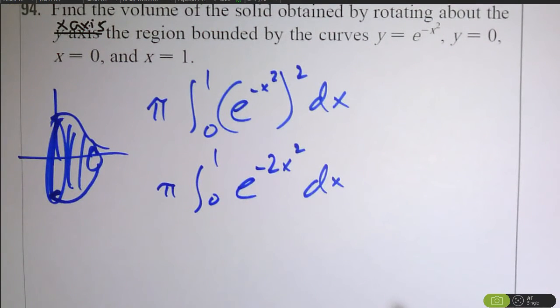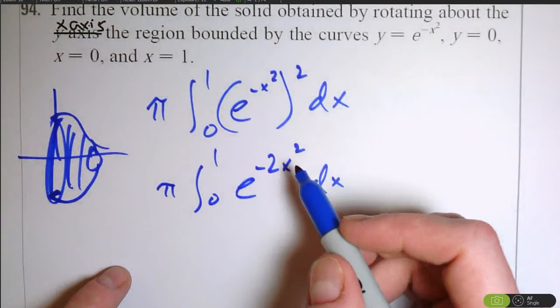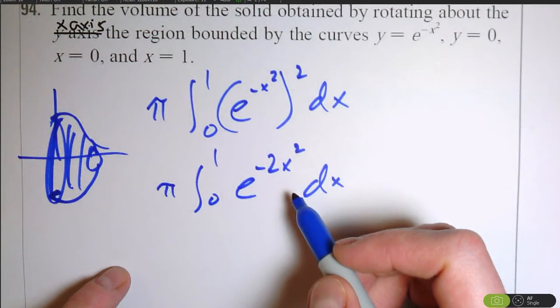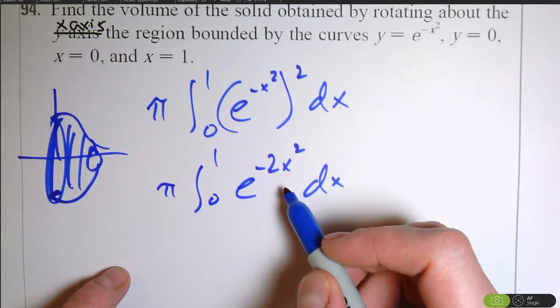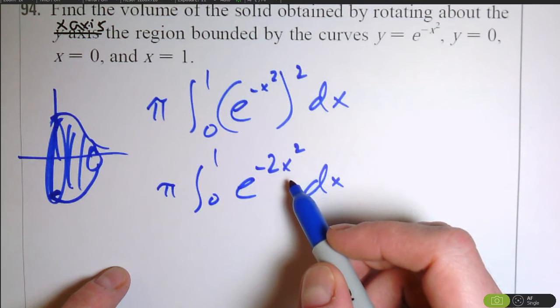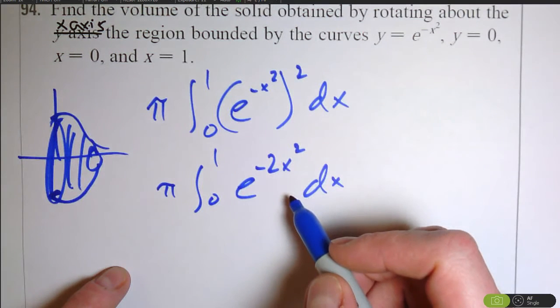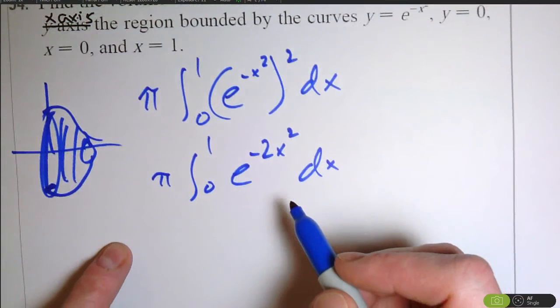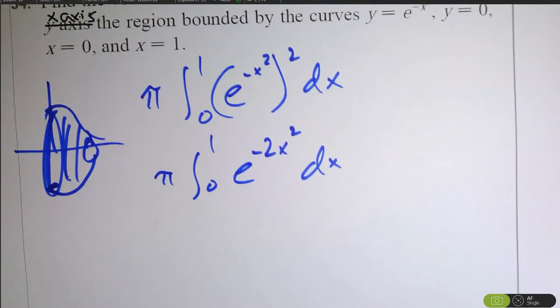This one is a problem actually because we can't integrate by u substitution. So if we let u equal negative 2x squared, we're not going to cancel off that exponent. So this one would be one we'd want to plug into our calculator.